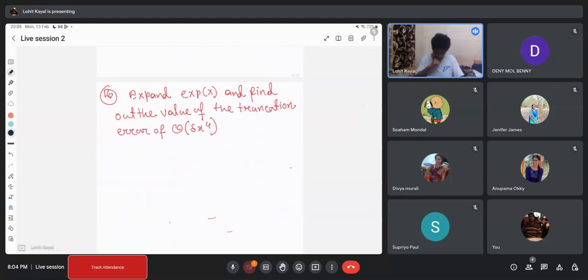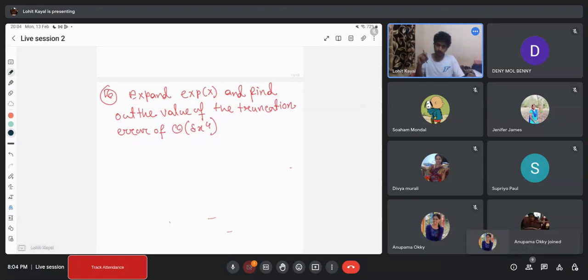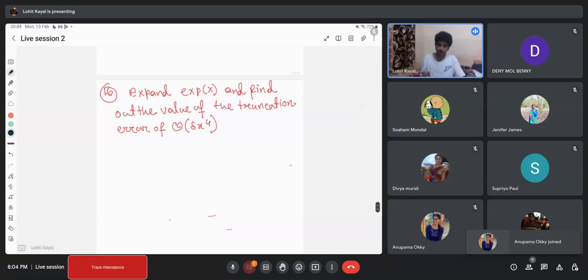So now this is an exercise. Expand e to the power x and find out the value of the truncation error of order delta x to the power 4. Okay. So how to do that? Here e to the power x, this is exp of x, is equal to 1 plus x plus x square by factorial 2 plus x cube by factorial 3.